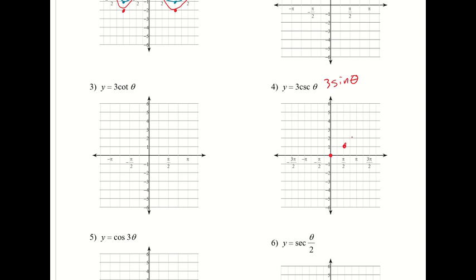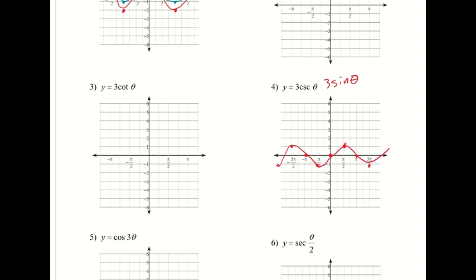Sine has a maximum at pi over 2, a minimum at negative pi over 2, 0 at pi, and so on. It's the same graph as cosine, just shifted pi over 2.